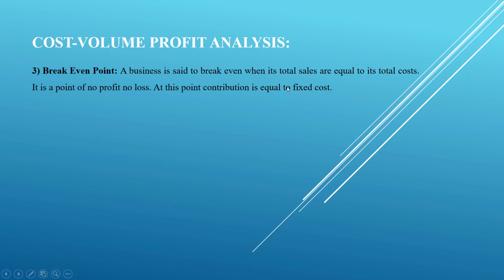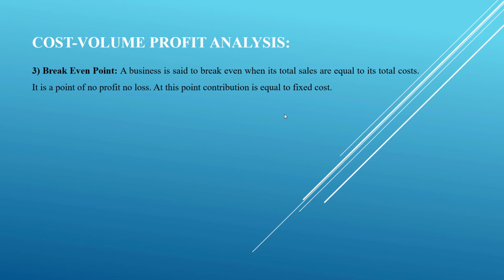We can say in other words that the sales is equal to the cost of the product, or we can say that contribution is equal to fixed cost. Because contribution minus fixed cost gives us profit or loss, right? If the contribution is more than the fixed cost, then we are getting profit.